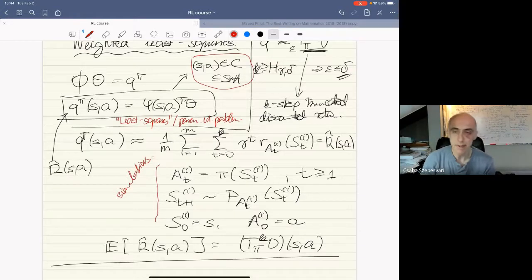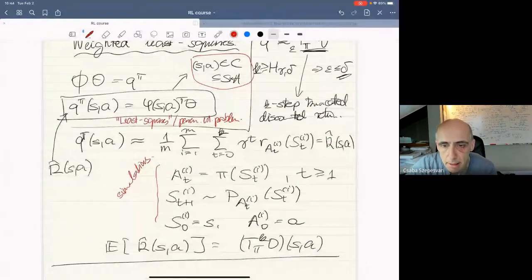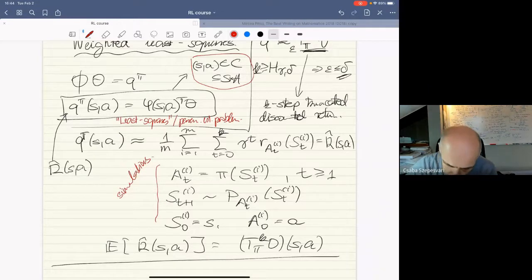Altogether, can we get away with just measuring these approximate values at a few state action pairs? And if so, which state action pairs should we be using? That is the big question. How do we decide which state action pairs to use?